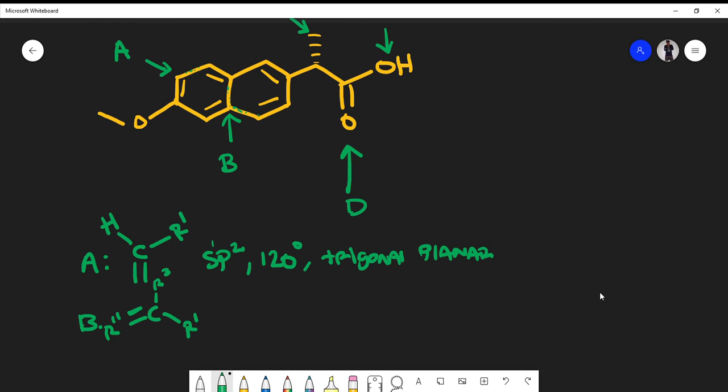So the only thing I'm doing is redrawing the structure of carbon B so we could see what is really going on. And again, we have 3 electron groups. This should be sp2. Typical bond angles for sp2 again is 120 degrees. We do not have any lone pair to possibly alter the electron geometry, and so we say the shape is still trigonal planar.